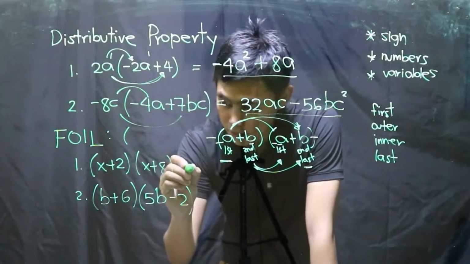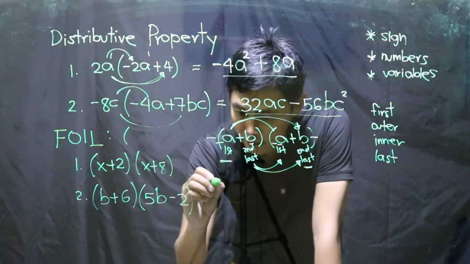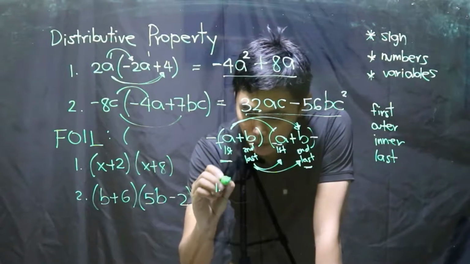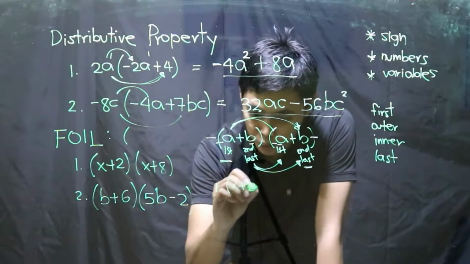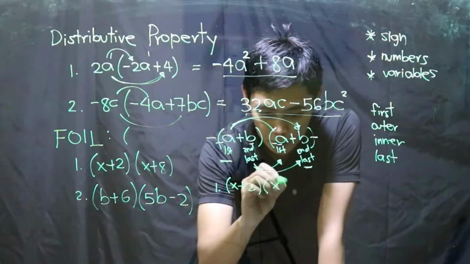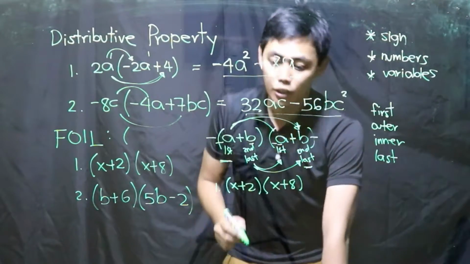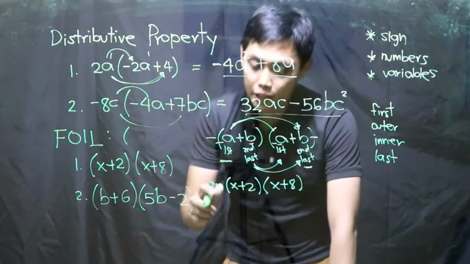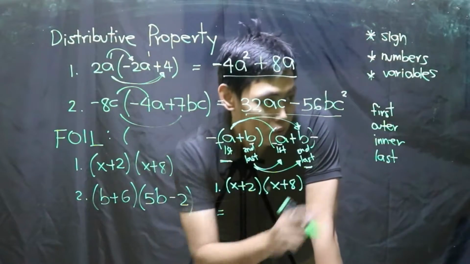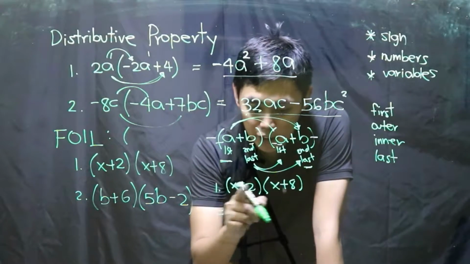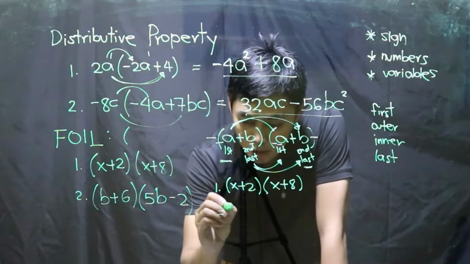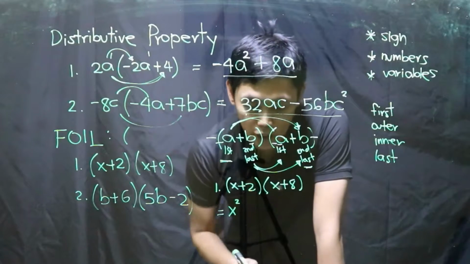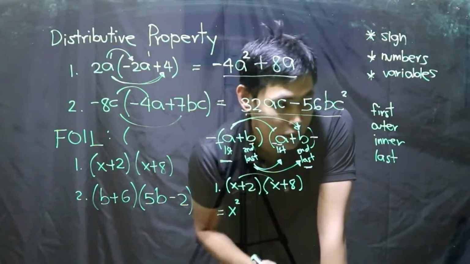Let's have this. So, we have x plus 2 times x plus 8. So, to evaluate this, we will follow the FOIL method. So, let's do the first term. X times x, that is x to the power of 2, x squared. So, we're done with the first.